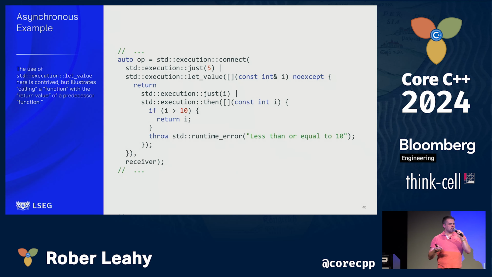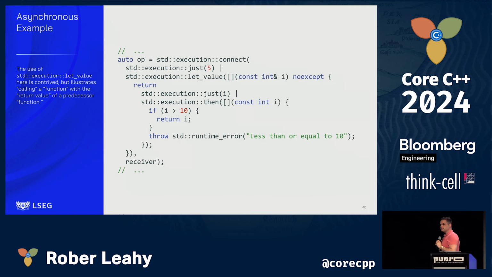We're trying to synthesize a new sender which will be returned, a new asynchronous function which will be invoked in response to the completion of the predecessor. Unfortunately, as I pointed out earlier, this just leads to code duplication because of the structure of std execution. In reality, the best way to write this code in std execution is by using then and not let value.